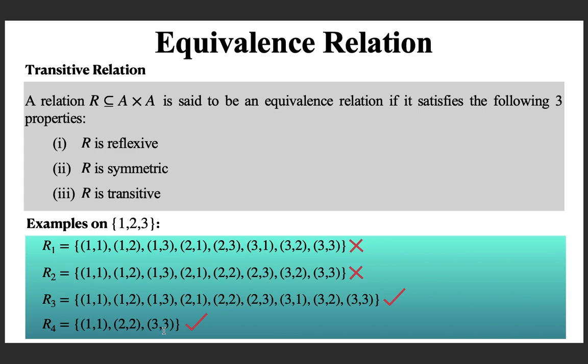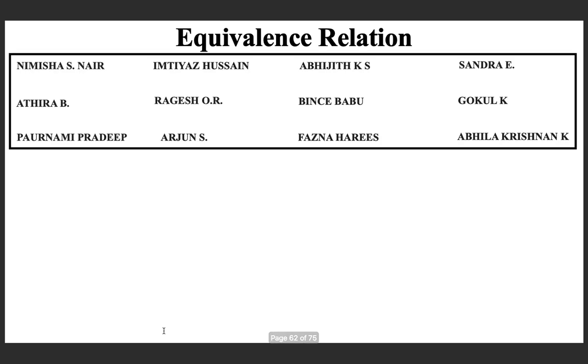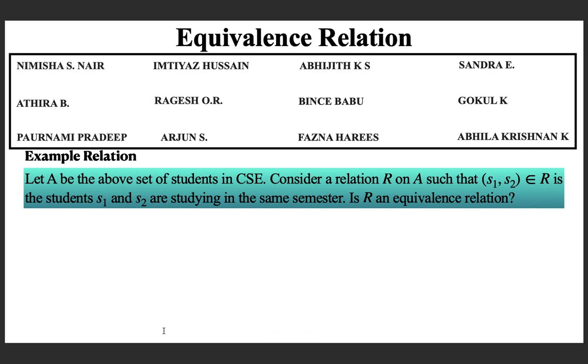So, I hope you are getting what an equivalence relation is. Now, let us look at an example of a real life situation where you can have an equivalence relation representing something. Here I am giving you a set of 12 students in our department of Computer Science and Engineering, and defining a relation as this.